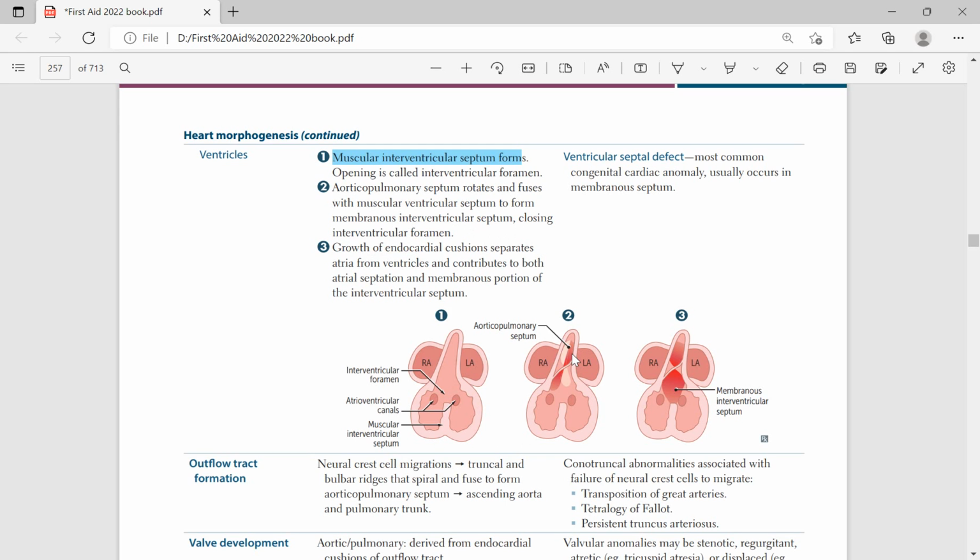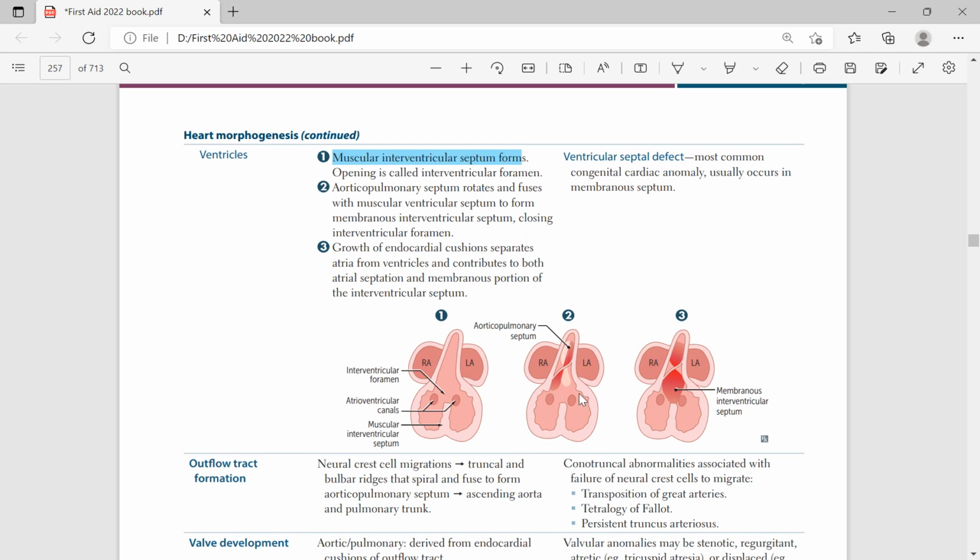This is the aorticopulmonary septum. The aorticopulmonary septum rotates; look here, it is a rotation like an S, and fuses with the muscular interventricular septum, closing the interventricular foramen. So the interventricular foramen is closed.